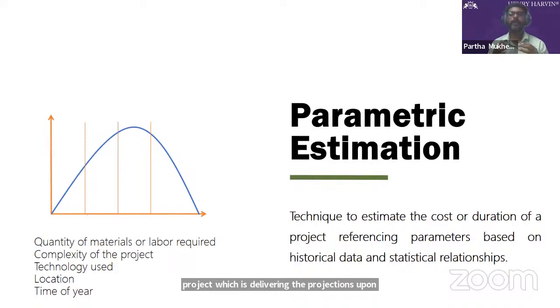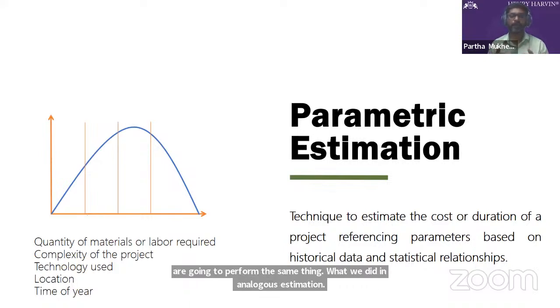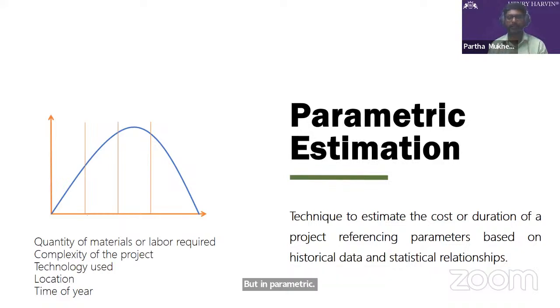We are going to perform the same thing that we did in analogous estimation, but in parametric we are making a slight change. We are going to use some mathematical models, which are going to interrelate or consider associated factors like quantity of material, labor, size or extent of the project, and complexity of the project.